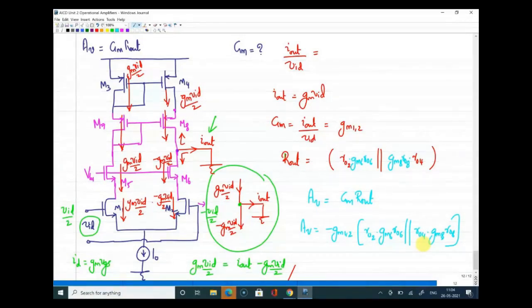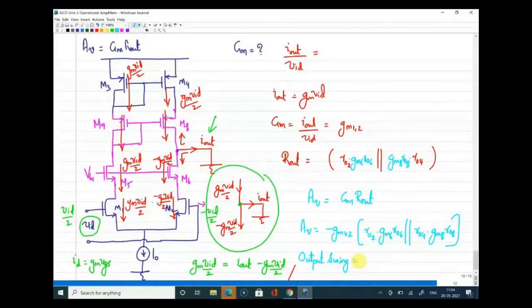Since we have written gain here, how will I write the output swing for the same circuit? Who can help me in finding the output swing? Bharat, can you tell me what will be the output swing of this?